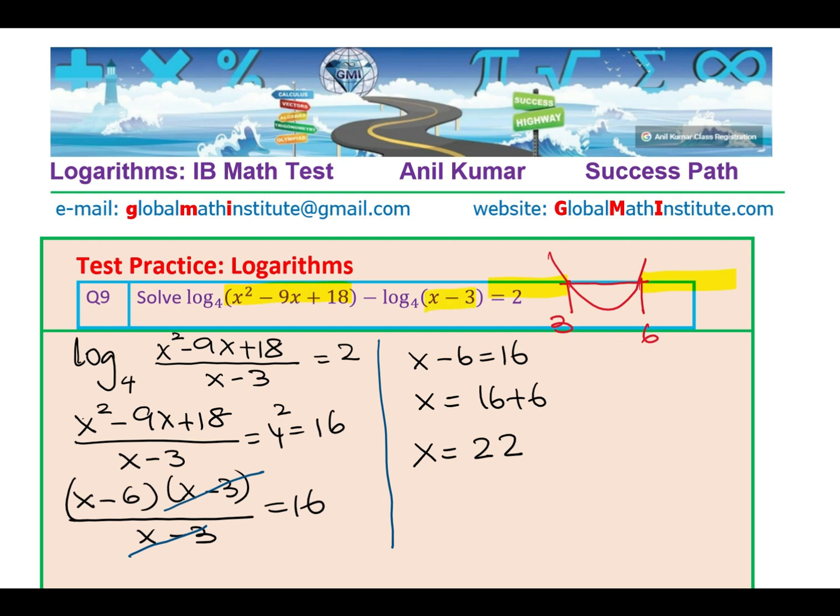And for this part, we're looking for x greater than 3, right? So basically, everything greater than 6 is working for us. So x is greater than 6, correct? Since our domain is x greater than 6, this is a valid answer. Perfect. So that is how we are going to solve this question. I hope it makes sense.